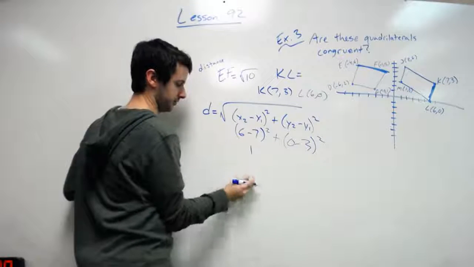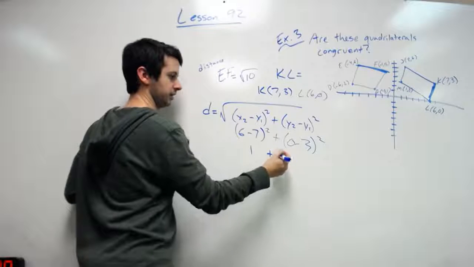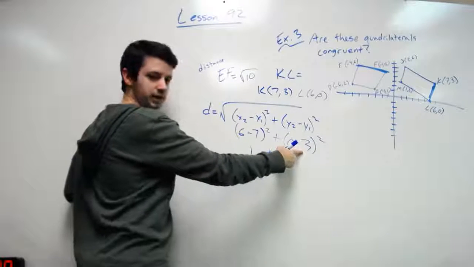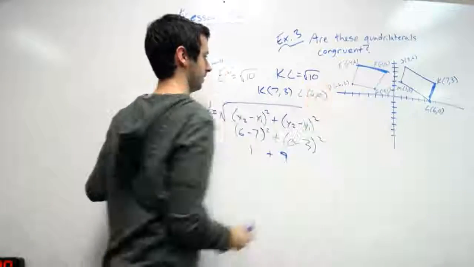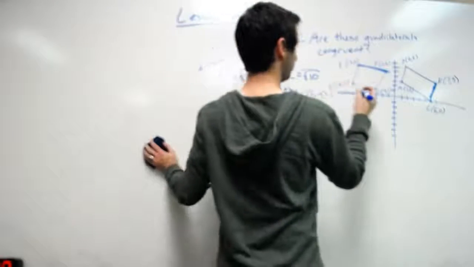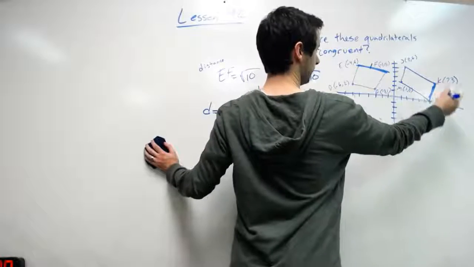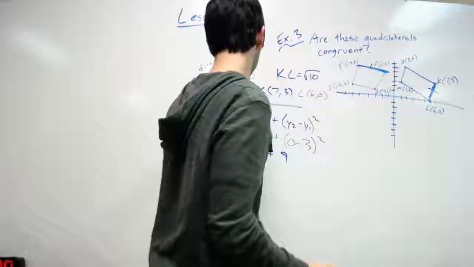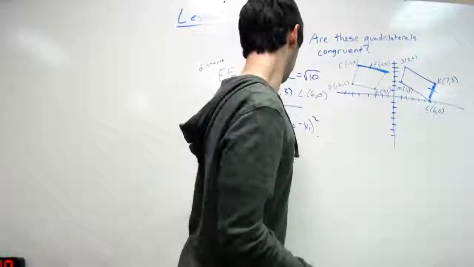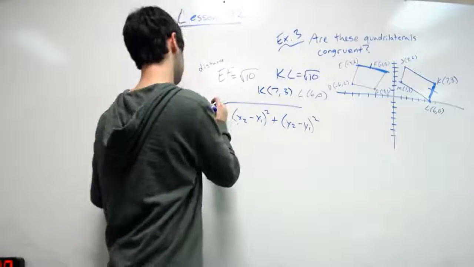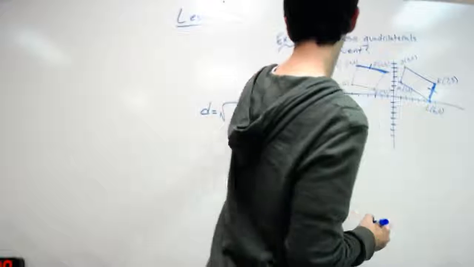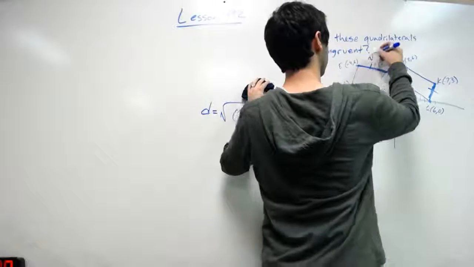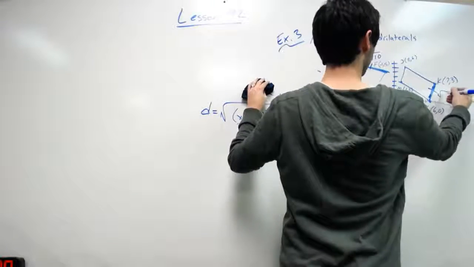Negative 1 squared is 1. 0 minus 3 is negative 3. Negative 3 squared is 9. So we end up getting square root of 10. So right now we know that EF and KL are congruent, both square root of 10. Now let's look at two other sides.